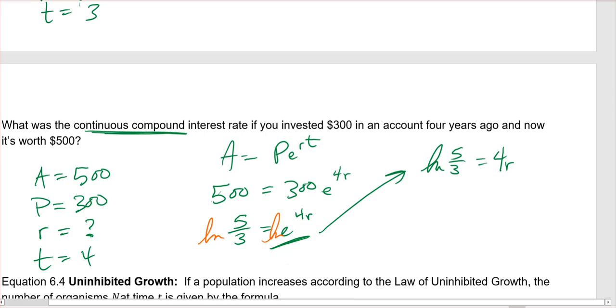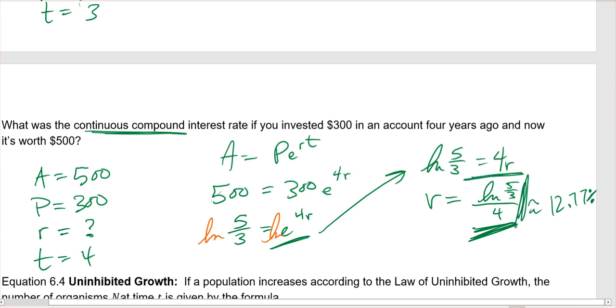Okay, so we've got r now. We'll just divide both sides by 4. And we're done. So again, for exam purposes, that's what we want. But for your homework, it's going to ask you to plug it into the calculator, so we can do that, right? 12.77%. But getting here is the point, and this is what you're going to be having on your exam.